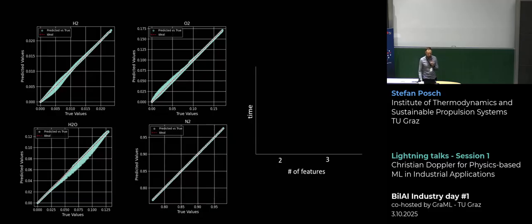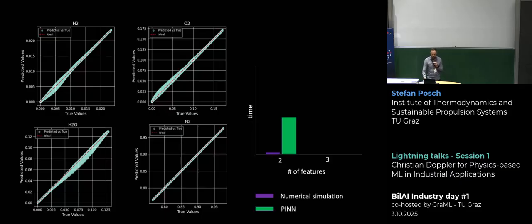we get the correct solution. But what is always the problem is that all people say, okay, but you have the training time of your neural networks. And of course, this is right. The neural network takes more time to train if the feature space is small. So if you have a small space of features that should be covered by the data, for example, if you only have 2 features, the numerical simulation is much faster than the PINN.